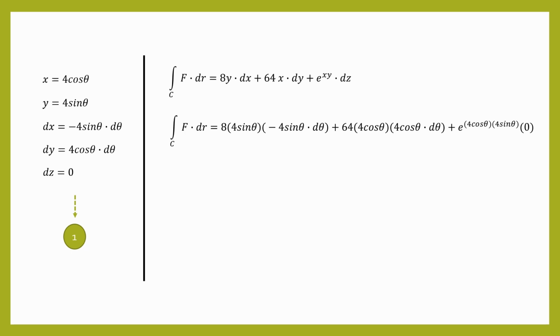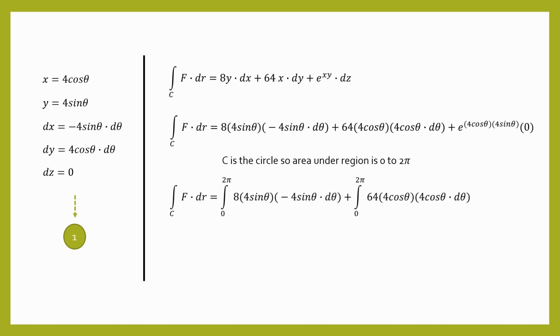Since the area of the circle is a full rotation, which is from 0 to 2 pi, we can set the limits from 0 to 2 pi. Then we can bring the numerator outside, and it becomes equation 2.